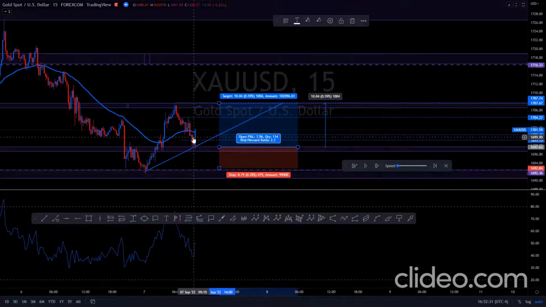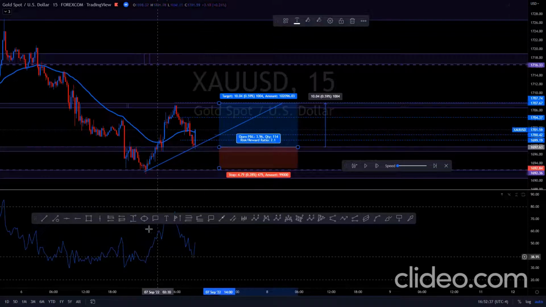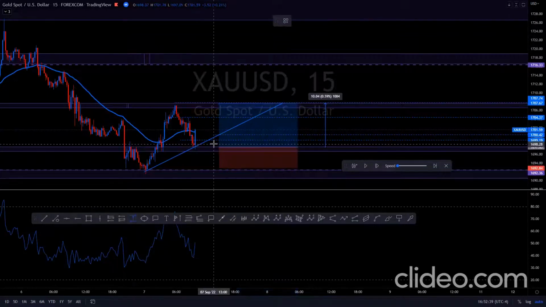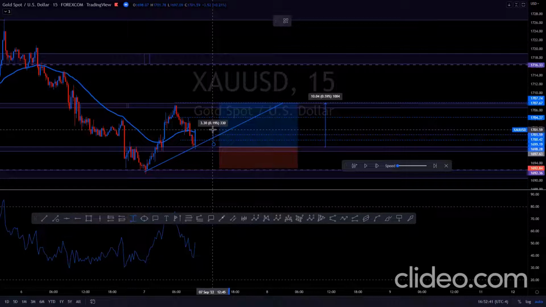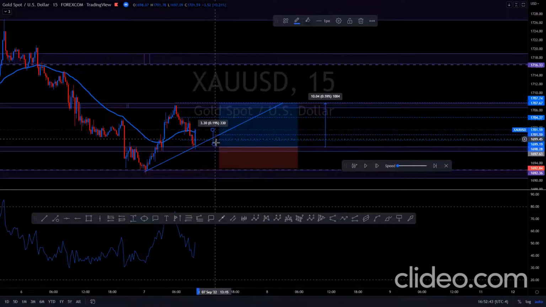So price played with us and looked like it was going to sell, but it was kind of like a bear trap. And so price started going up. Price kept on pushing up to here. I think I got in somewhere in here, or maybe down here.